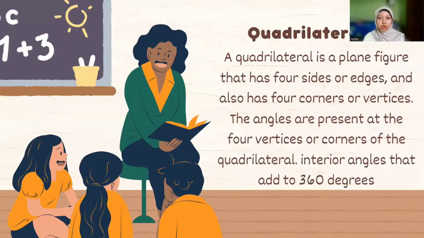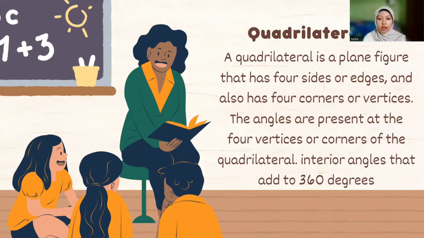Quadrilateral. What is a quadrilateral? A quadrilateral is a plane figure that has four sides or edges and also has four corners or vertices. The angles are present at the four vertices or corners of the quadrilateral.